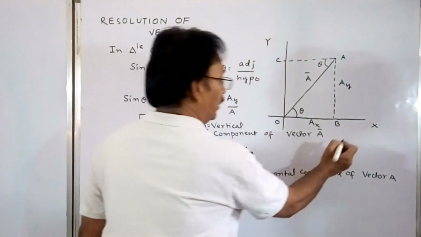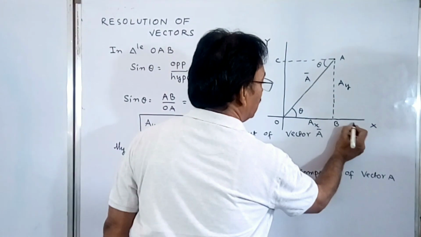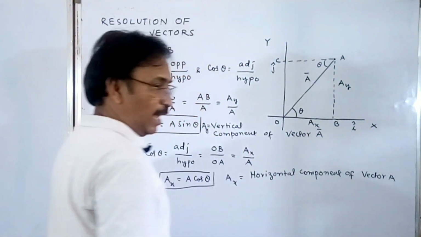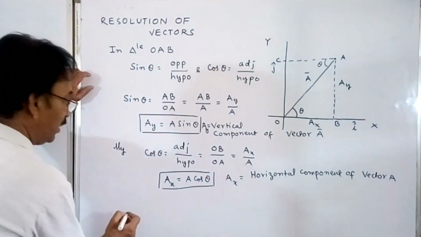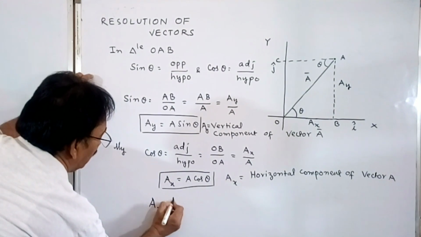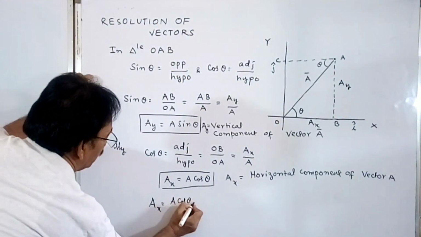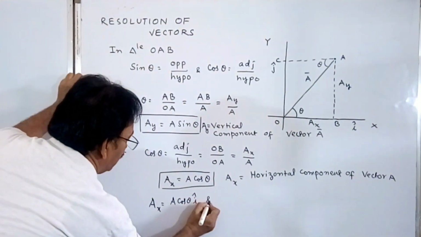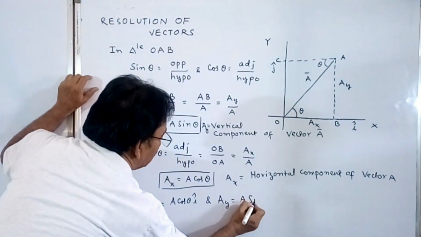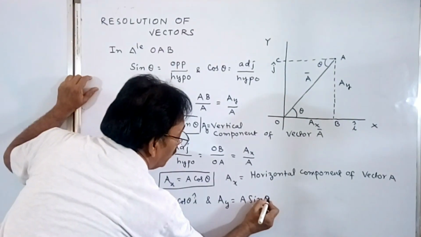If the unit vectors along the x-axis is i cap and along the y-axis is j cap, then Ax is equal to A cos theta i cap and Ay is equal to A sin theta j cap.